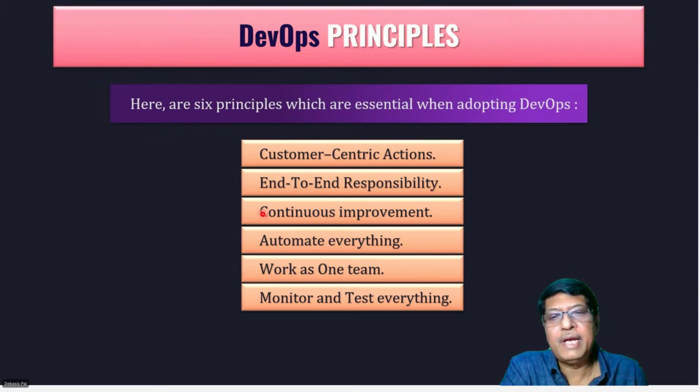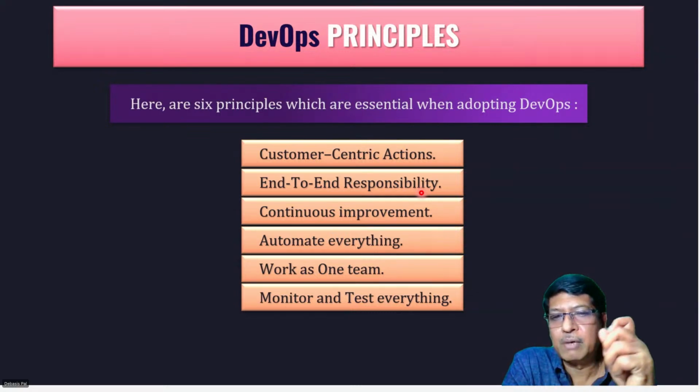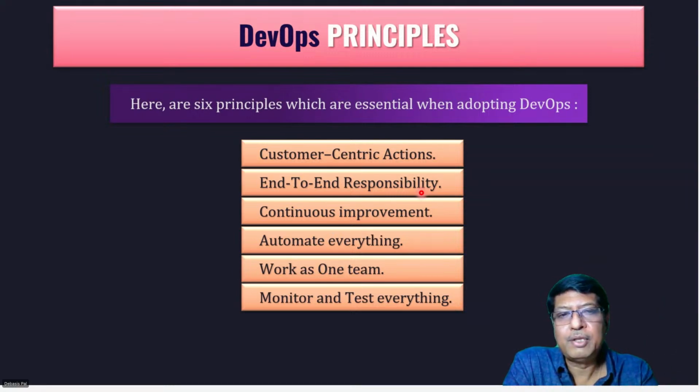You have to have end-to-end responsibility. You are a DevOps guy, so you cannot say, I will not look after the operations team. Because you are a DevOps guy, you have to take care of the development team. You are a friend to the development team, the testing team, the operations team, as well as the management team and the design team.